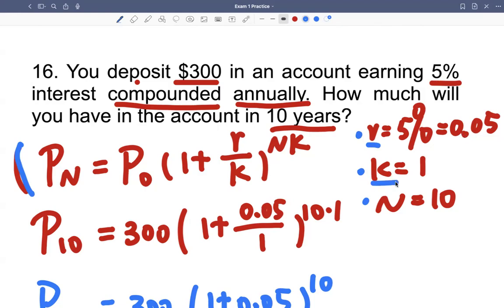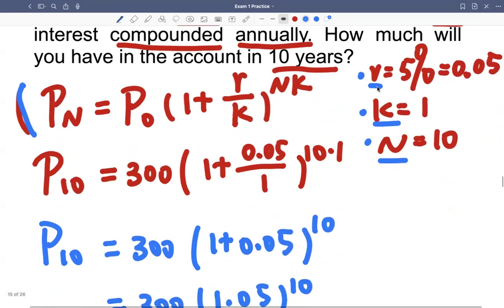K is compounded annually, that means 1. N equals 10 years, the money stays in the account. Then we put the numbers into the corresponding variables, right? So R is 0.05, K is 1, N is 10. The NK means N times K, so 10 times 1.